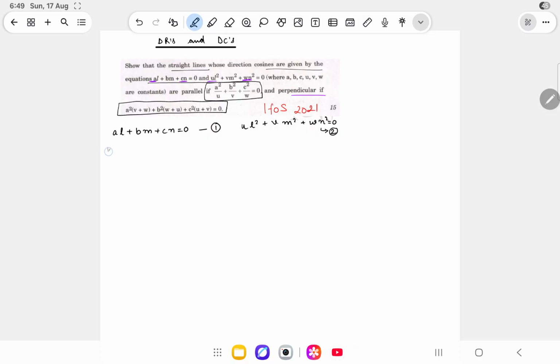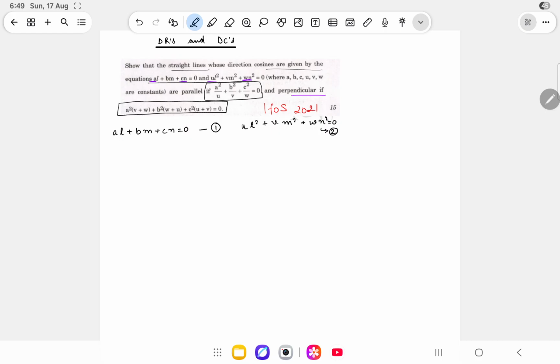So we know that two straight lines which are parallel have the same direction cosine ratios. So it is enough to show that the quadratic equation which we get by reducing it to two variables has discriminant 0, and using that we can find this relation. So let us do that.